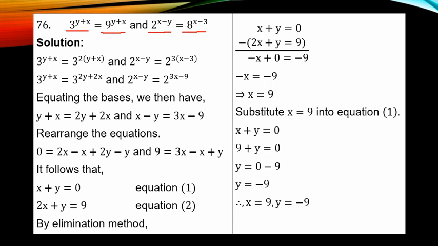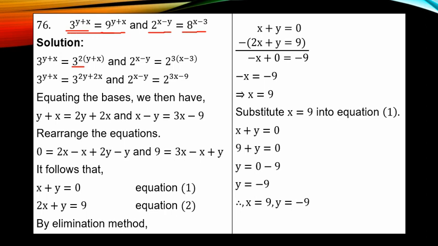Looking at the first equation, the bases are 3 and 9. The common base there is 3. You can express 9 as base 3, that is 3 squared. Looking at the second equation, base 2 and 8. The common or lowest base is 2.